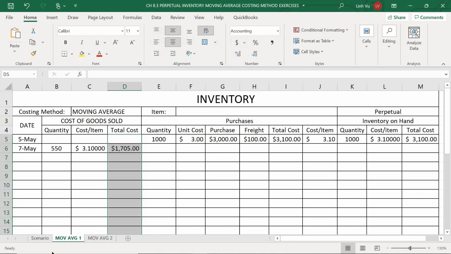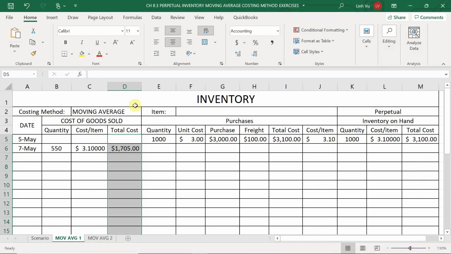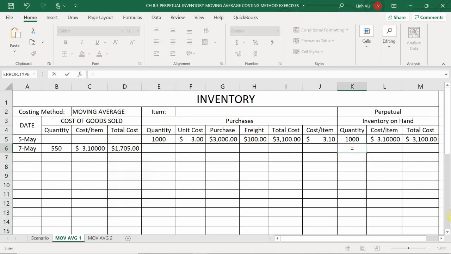So this is how I'm actually going to take out my inventory, but also cost the goods, or create the average cost per item. In this case, I'm going to go right across here and do this. I'm going to take my 1,000 and subtract my 550 to get a grand total of 450.